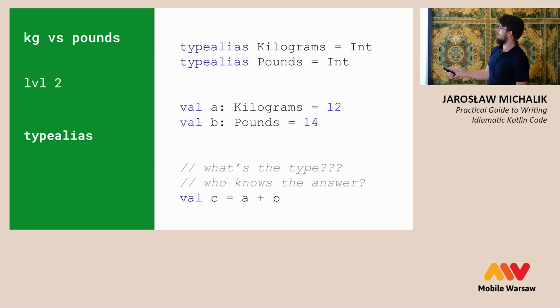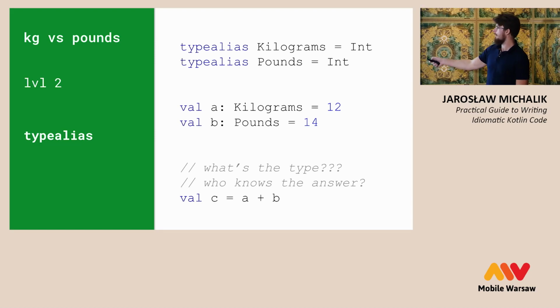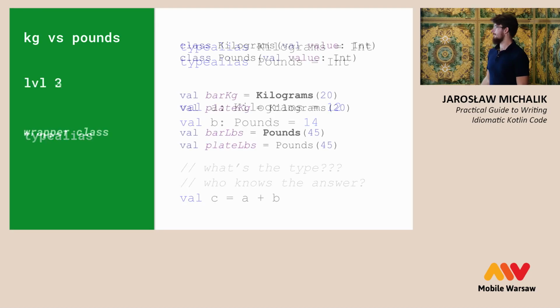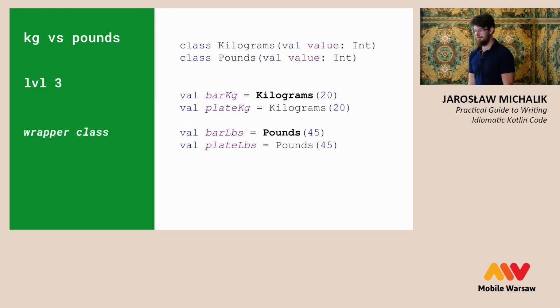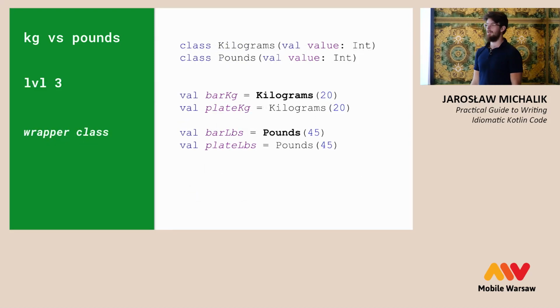Type alias for the compiler will be quite transparent. So we still can add kilograms to pounds. This is integer, this is integer. And what's the result of this addition? Integer, right.